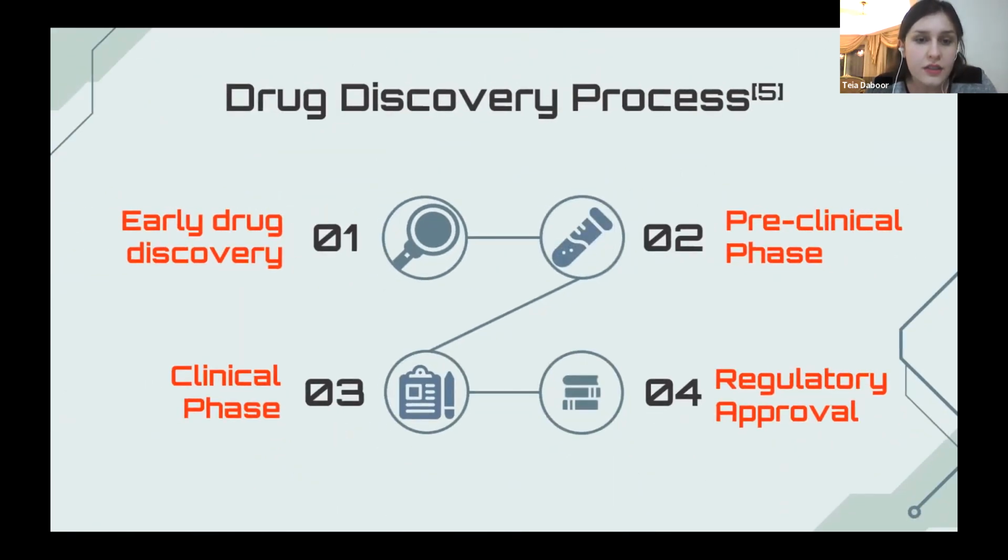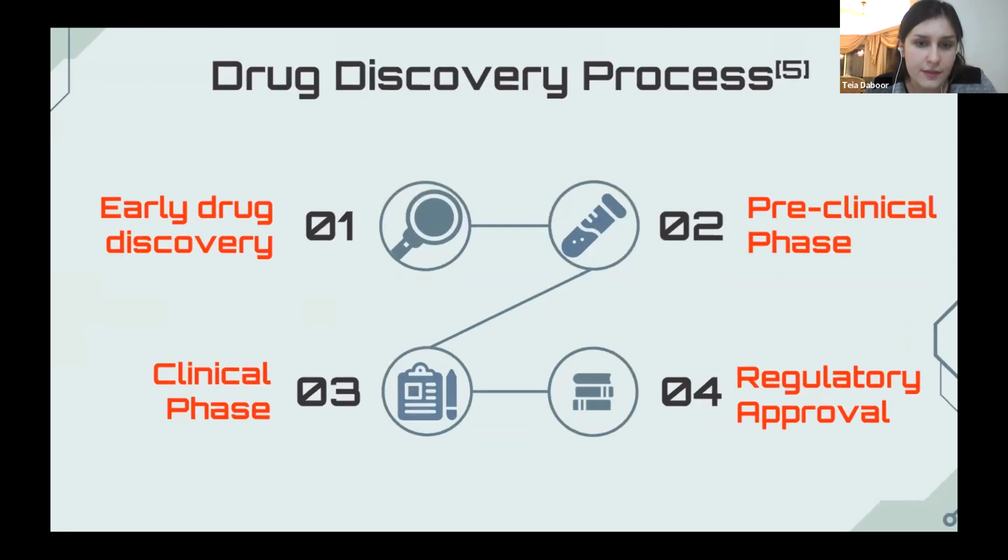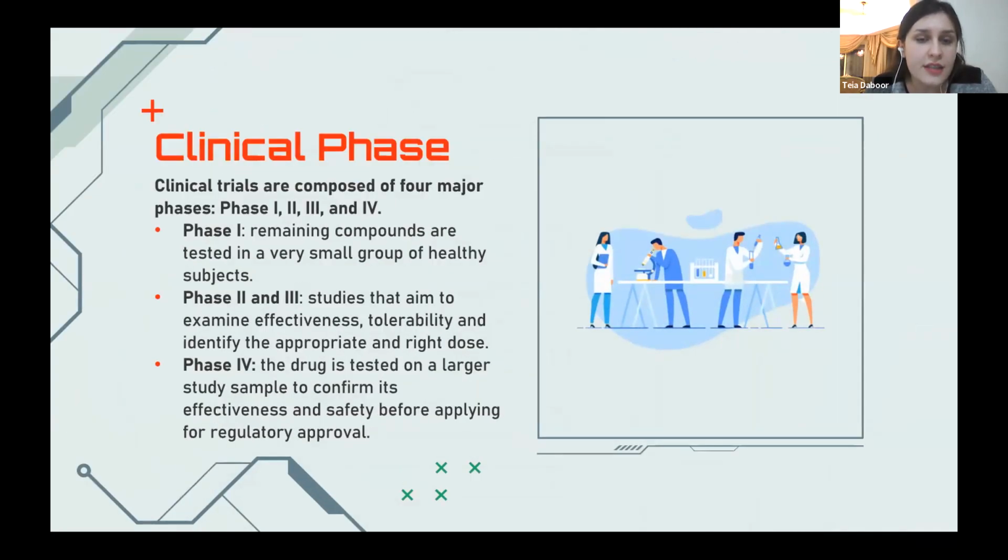Our third stage is the clinical phase. The clinical phase is composed of 4 major phases: phase 1, 2, 3, and 4. The remaining compounds are tested in a very small group of healthy subjects in phase 1.